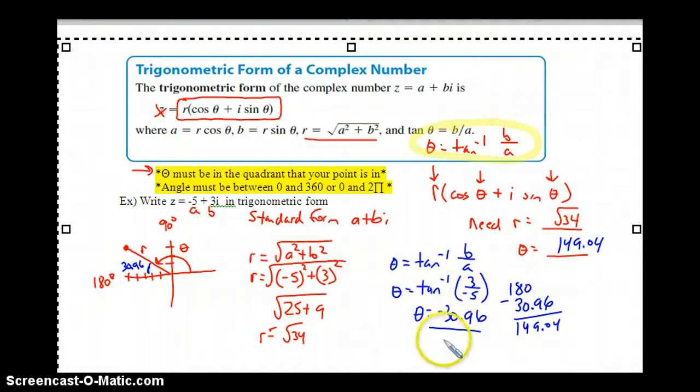R, which is the square root of 34, times the cosine of theta, which is 149.04, plus I times the sine of theta, 149.04. This would be my final answer in trigonometric form.